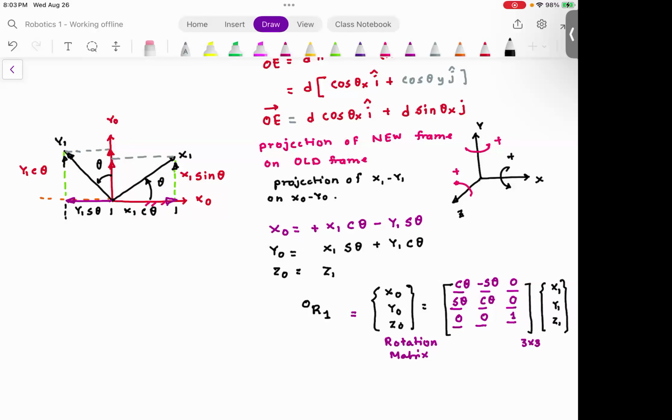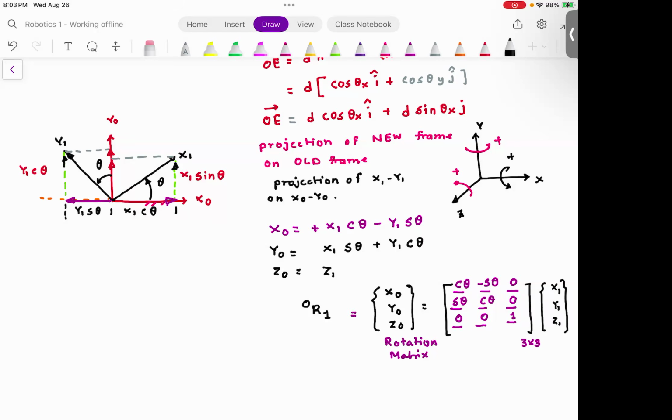If I ask you what is the rotation about Y, then here it will be 1, 0, 0, 0, 0, and you are going to have cosine and sine terms over here. A word of caution.